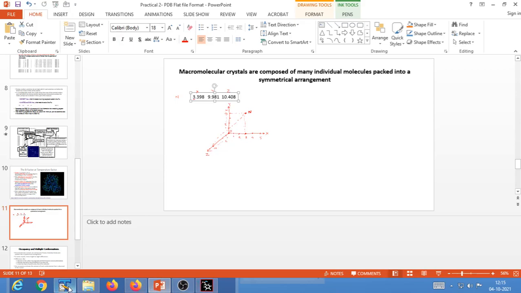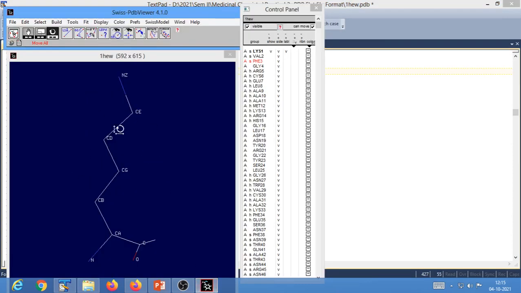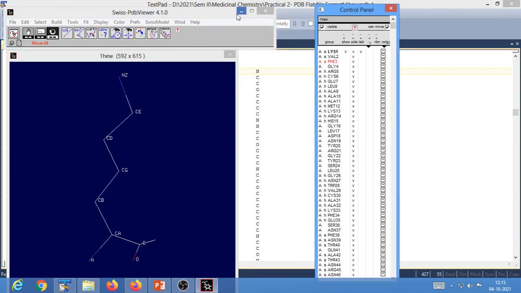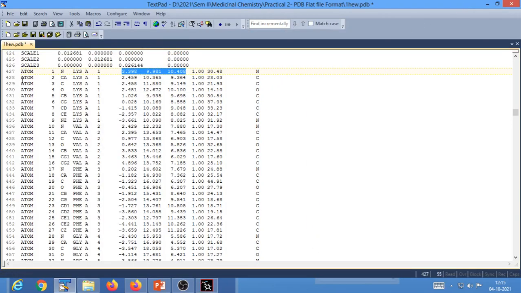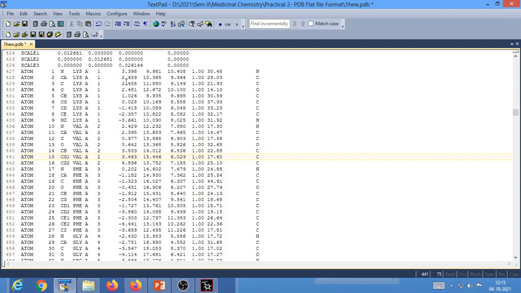For the sake of simplicity, imagine that visualization software like the SPDBV that we have already used will read this information line by line. It would start out with the first atom, that is nitrogen, read its three coordinates, its x, y, and z coordinates, and appropriately place a blue dot over here as per the data present in these three coordinates.